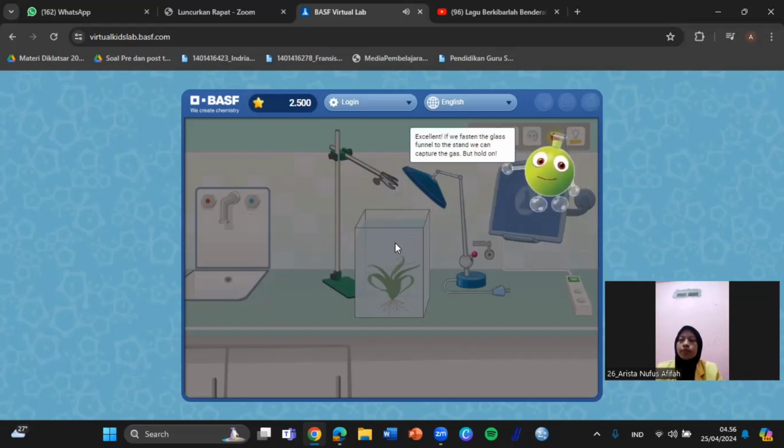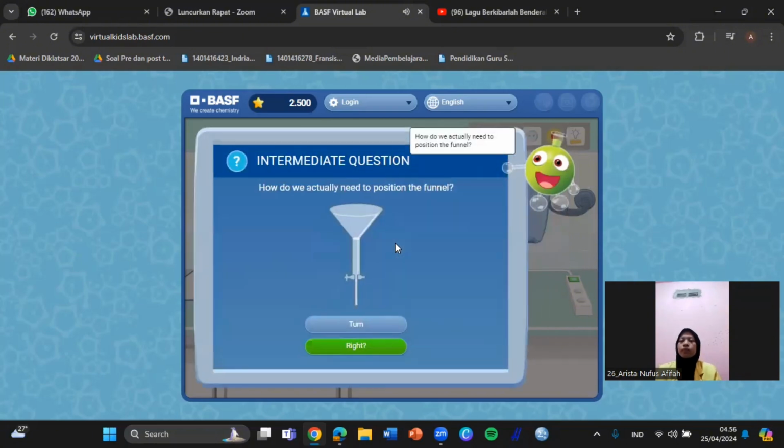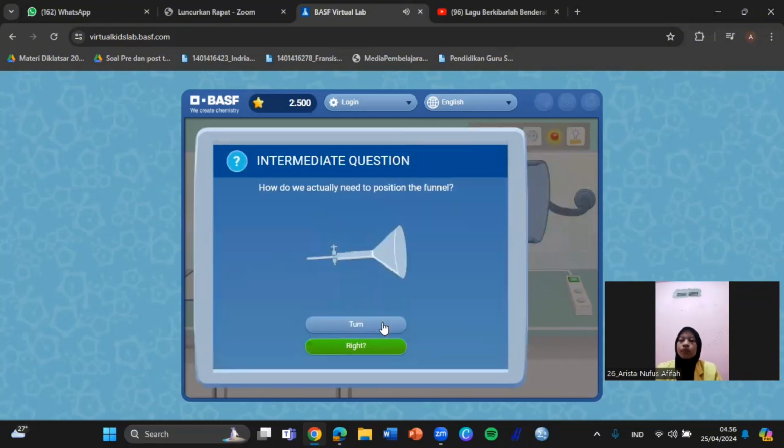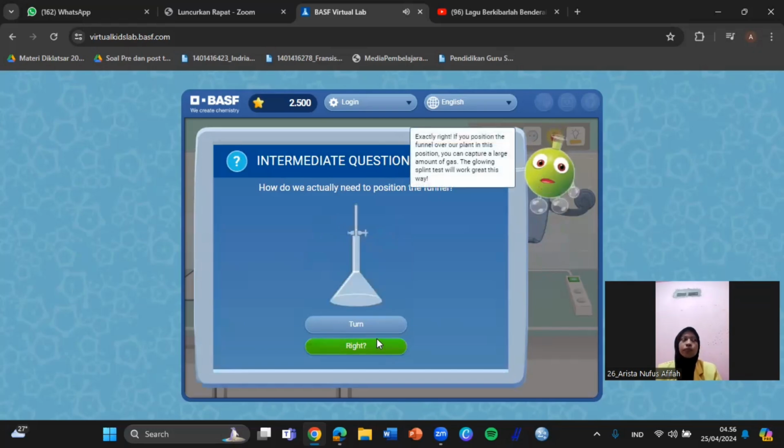But hold on. How do we actually need to position the funnel? Exactly right. If you position the funnel over our plant in this position, you can capture a large amount of gas. The glowing splint test will work great this way.